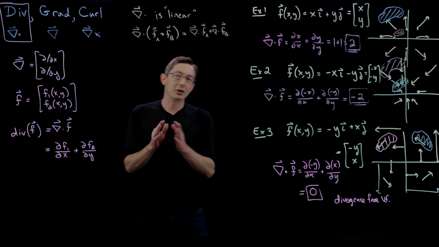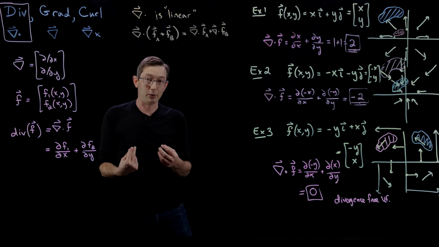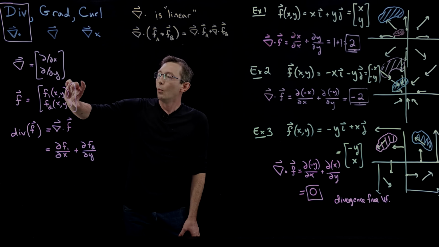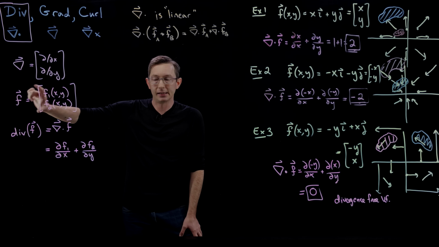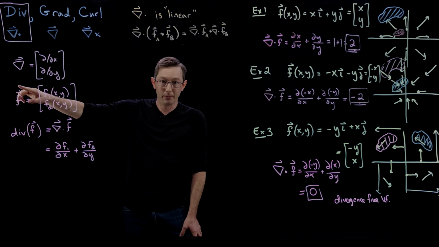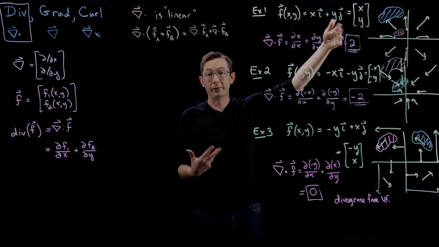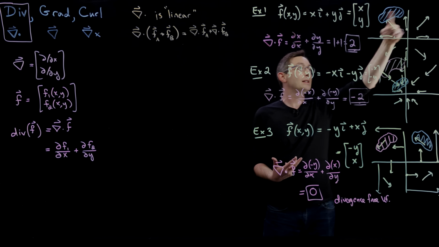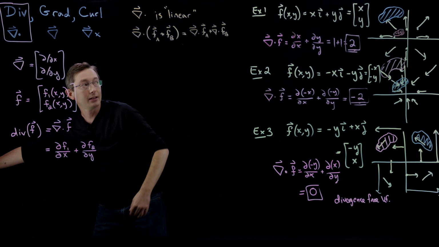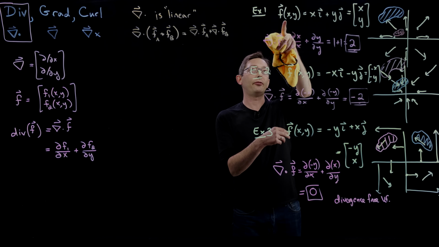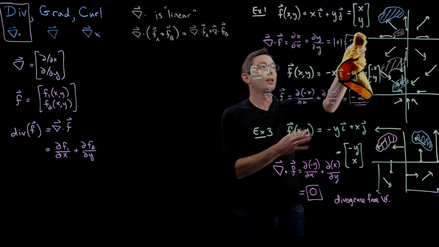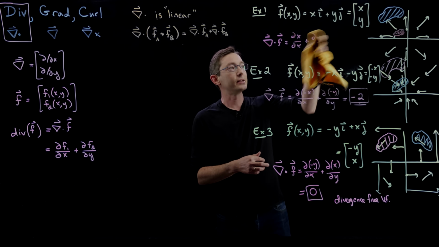There's a couple things I want to show you here because I think this is really useful. When I have a vector field like this F, you can think of these vector fields as establishing a differential equation. Let's rewrite this as a differential equation.